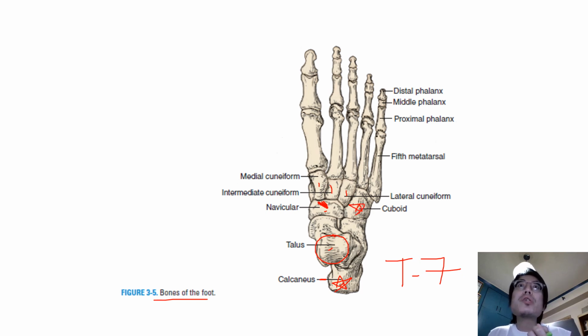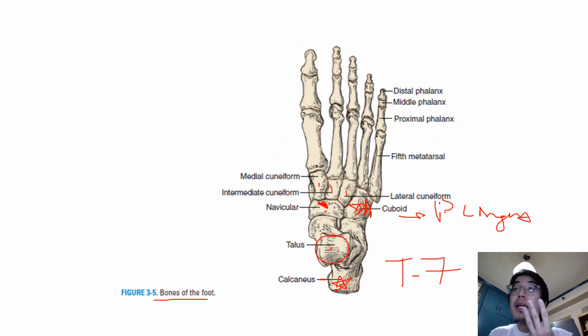It is the most laterally placed tarsal bone, and it has a groove over here for the peroneus longus muscle.